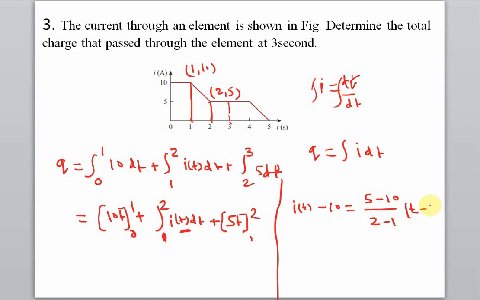So I minus 10 equals 5t minus 5, minus this. Okay, it will be minus 5t, plus 15. So our I will be this one.